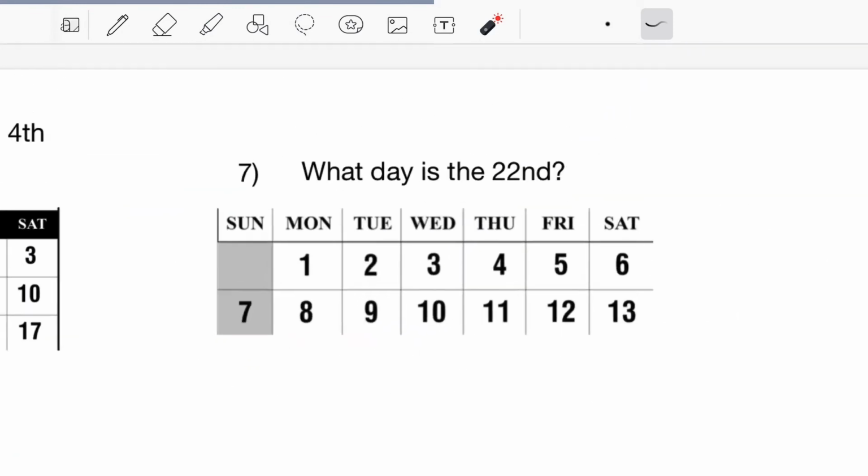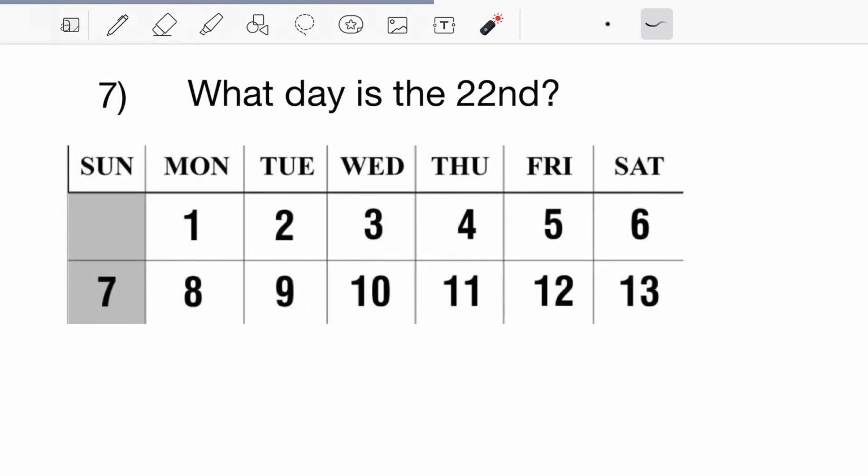Next question. What day is the 22nd? So we have up until the 13th. So we can count the days until we reach the 22nd. So we can say 14, 15, 16, 17, 18, 19, and so on.